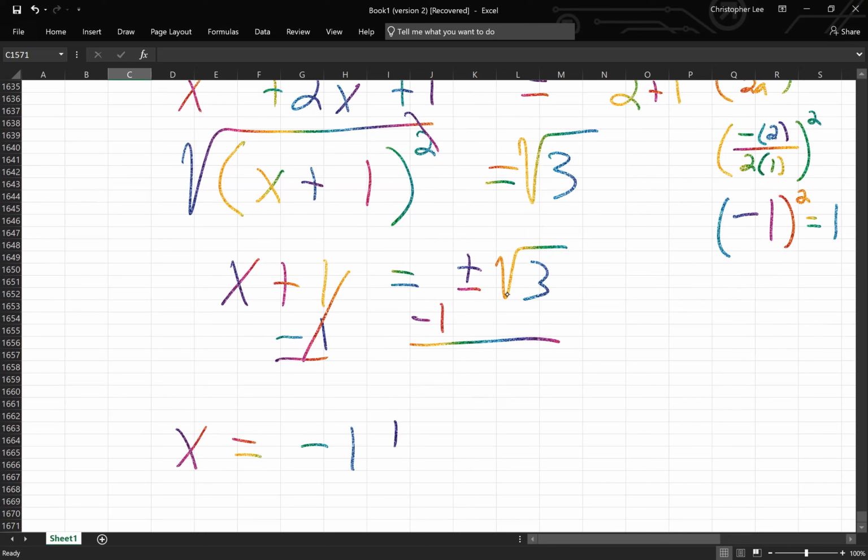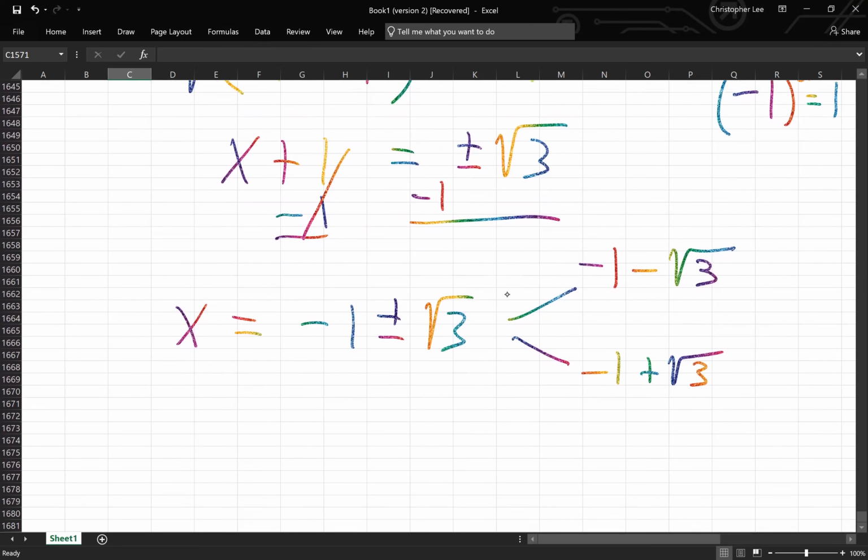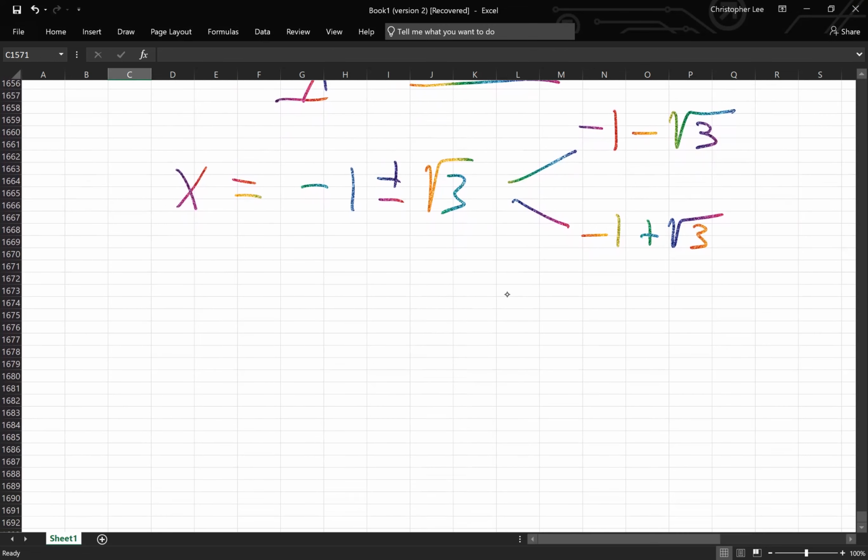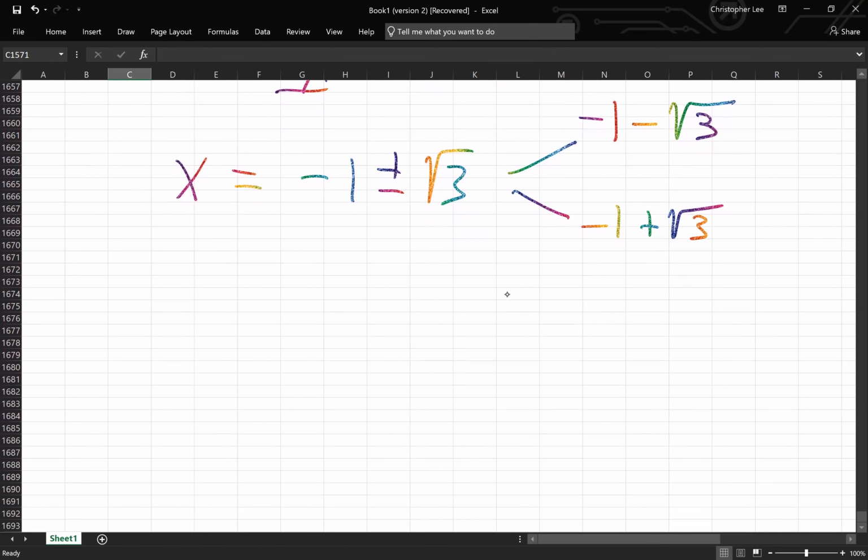This equals negative 1 plus or minus square root 3. So that's going to be what? Negative 1 minus square root 3 and negative 1 plus square root 3. Just separate them by a comma. That's it. Negative 1 minus square root 3. And then the other one is negative 1 plus square root 3.